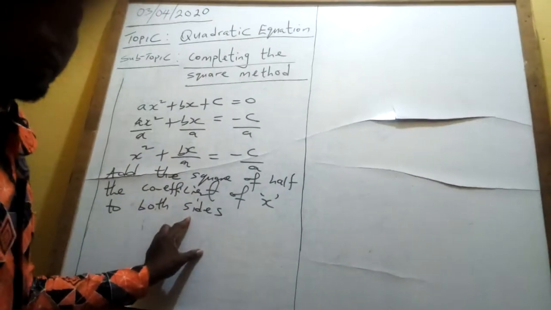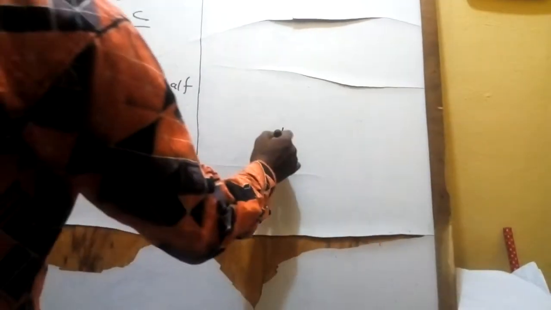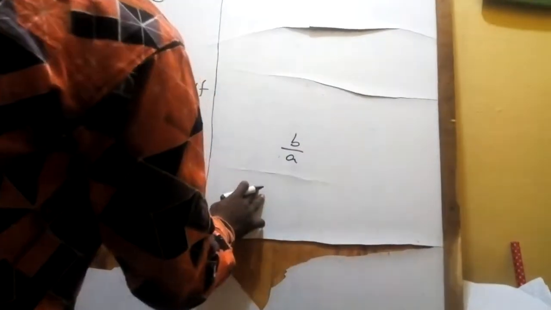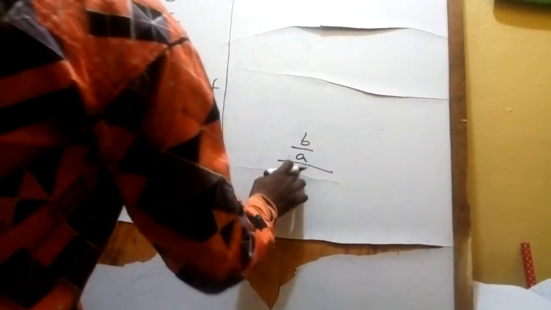What does this imply? On my rough sheet of paper, the coefficient of x here is b over a. So it means you divide the coefficient of x by 2, then you square it.